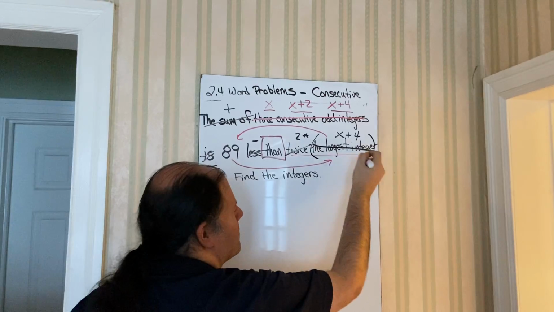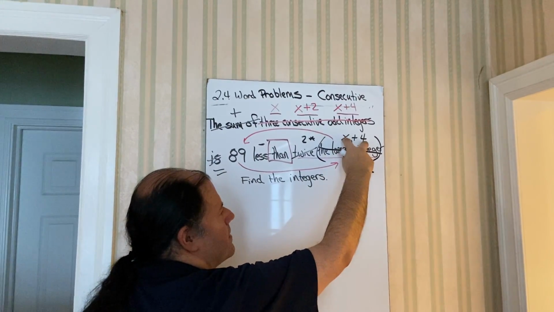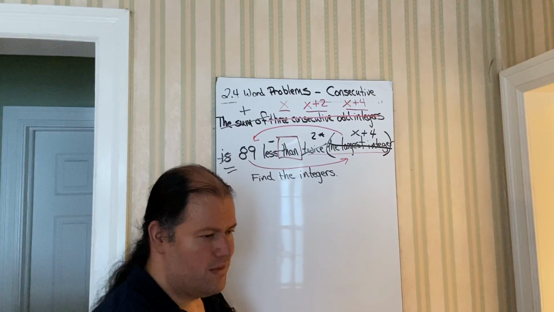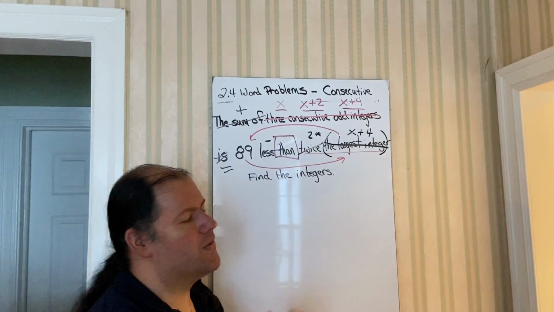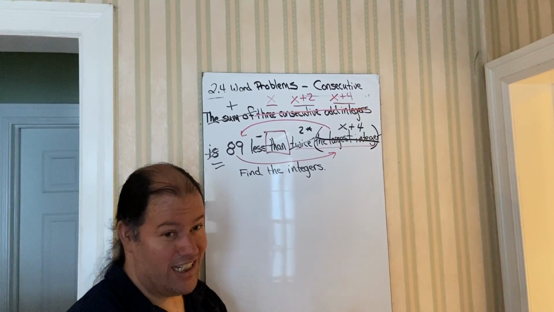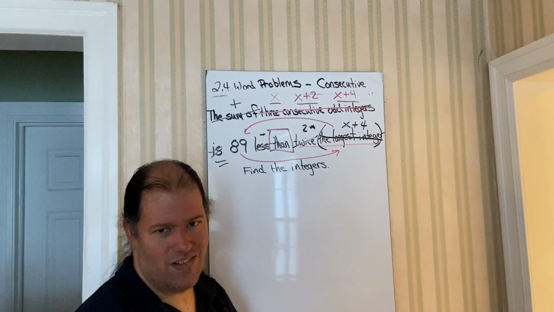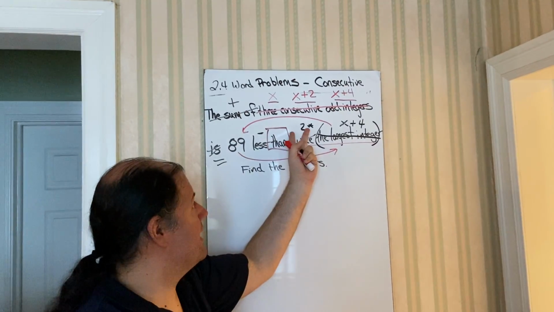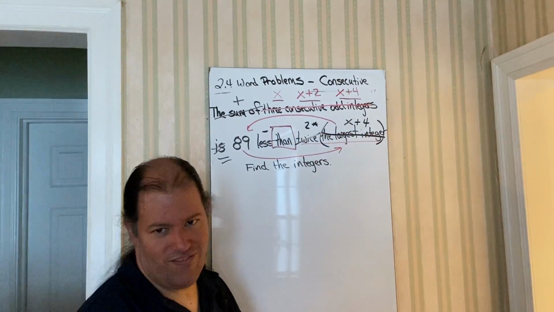There's technically a set of parentheses here because x plus 4 needs to go in parentheses. Another reason why you want to use parentheses is because we're doing multiplication. Remember, when I write out an equation, I don't like using this little asterisk. I like to use parentheses. So I'm multiplying this in parentheses and this whole thing in parentheses.